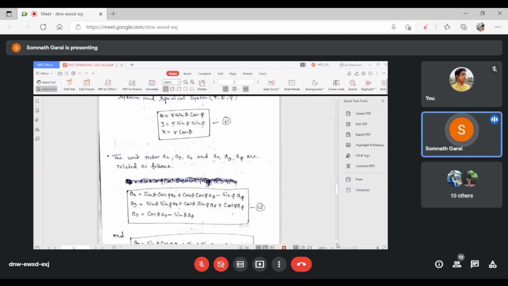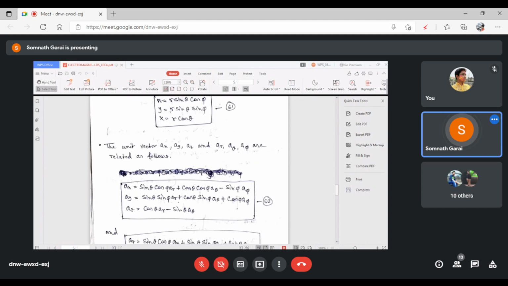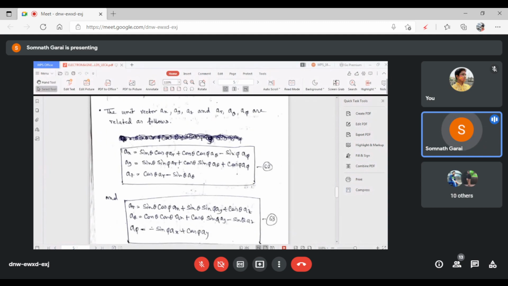Now if we draw the vector components as in the earlier class, then ax will be sin theta cos phi ar plus cos theta cos phi a theta minus sin phi a phi, and ay will be sin theta sin phi ar plus cos theta sin phi a theta plus cos phi a phi, and az will be cos theta ar minus sin theta a theta.